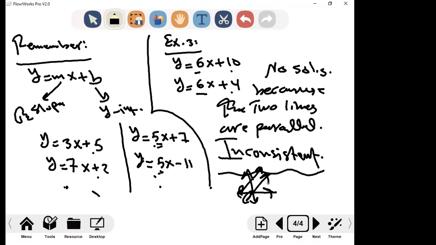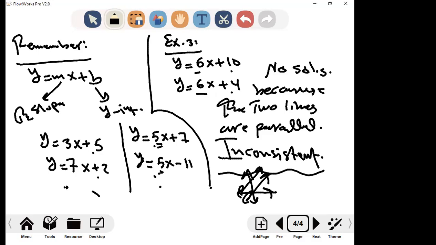Done? So the system has, if you have spaces, let's fill them together. Because I'm reading, you fill along with me in your book. Because the slopes are the same and the y-intercepts are different, the lines are what?